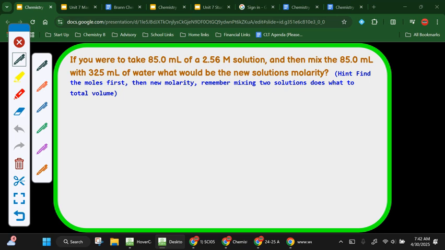Okay, ladies and gentlemen, let's see how you did. All right. So imagine that this is our 2.56 molar solution. Okay? That's what this solution is. We're going to take 85 milliliters of it.